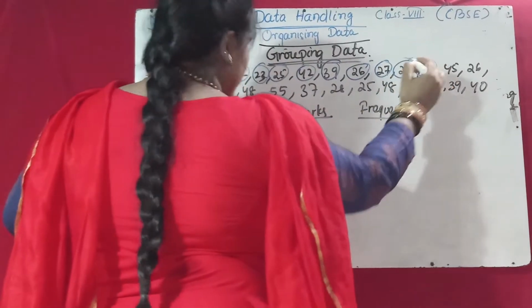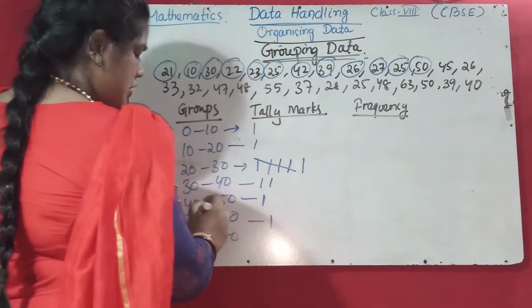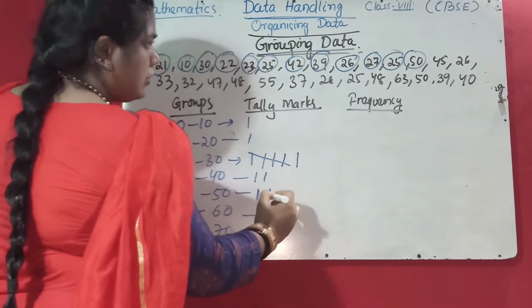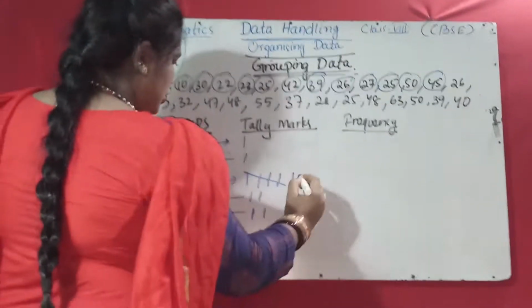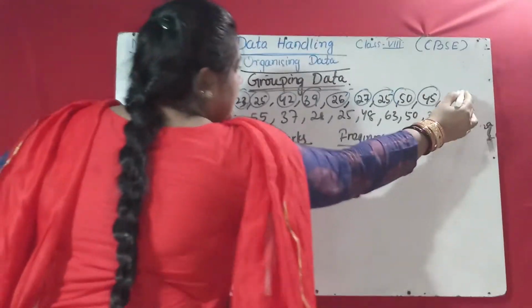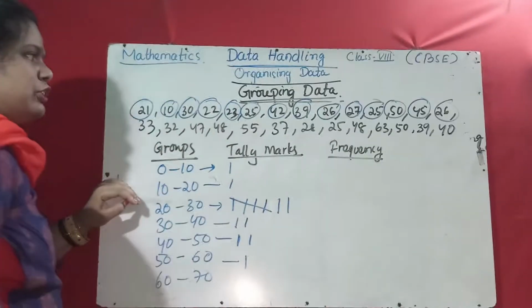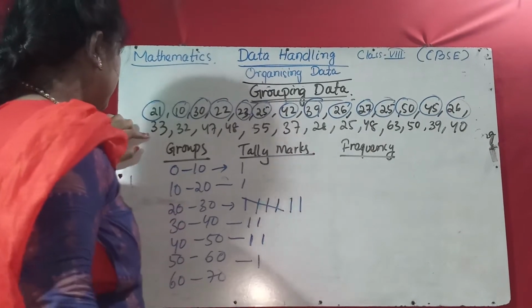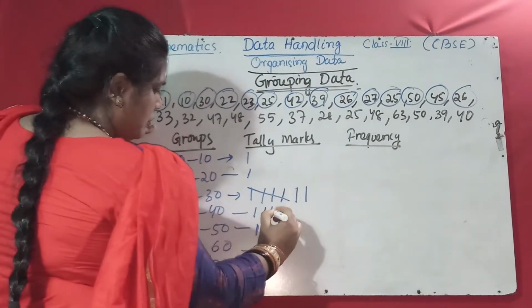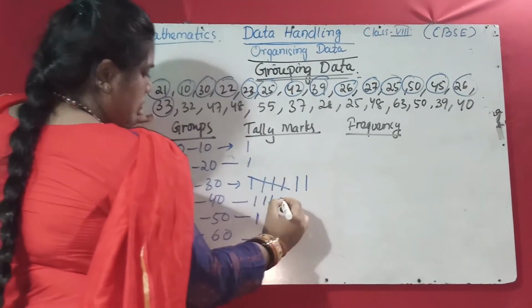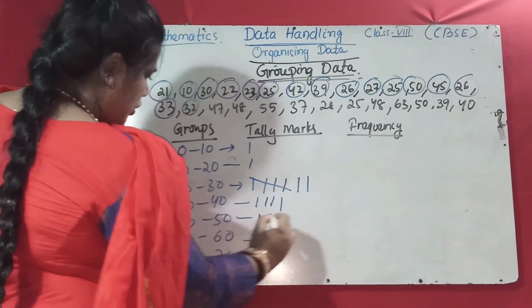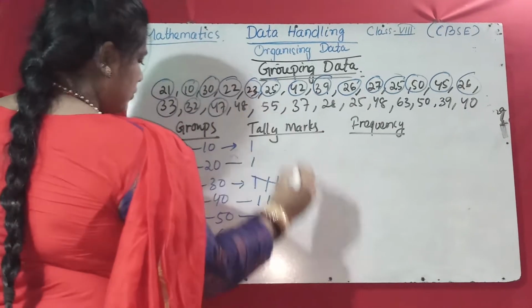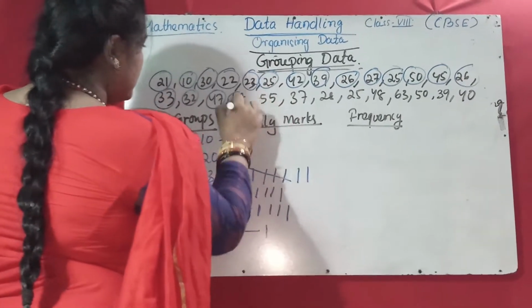Okay. 45, in which group? 40 to 50. 26, 20 to 30. Like this you have to circle, otherwise you miss one number. 33, 30 to 40. 32, also 30 to 40. 47, 40 to 50. 48, also 40 to 50.